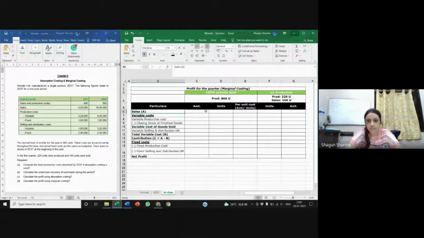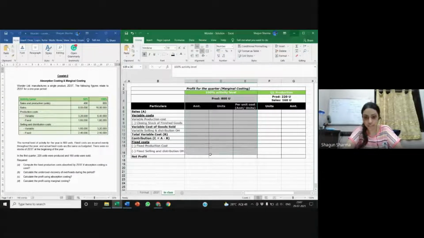Now let's start filling this up. So here I have recorded first the 100% activity level, which is given in the question. What this helps me do is calculate a per unit rate, which will remain the same. And then I use this per unit rate to calculate my Q1 figures.